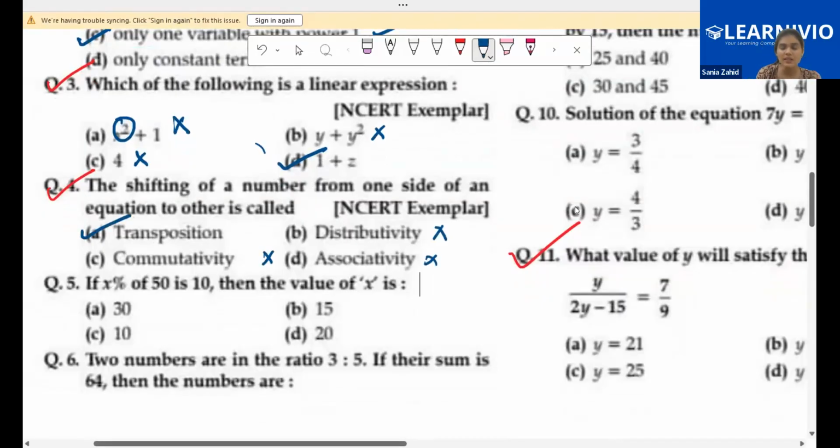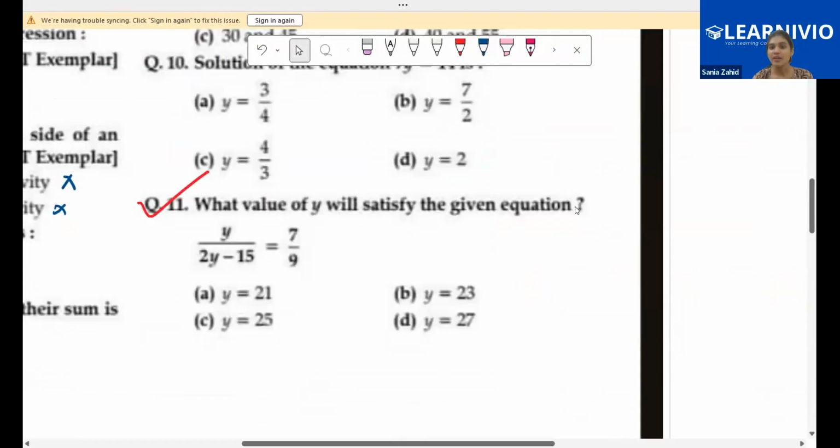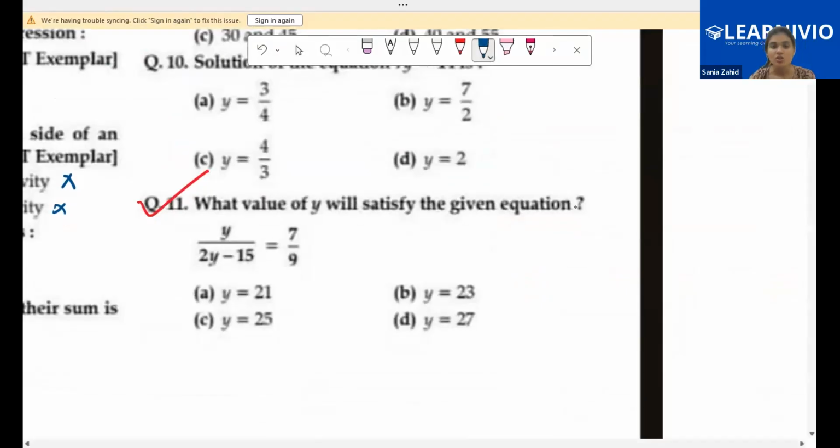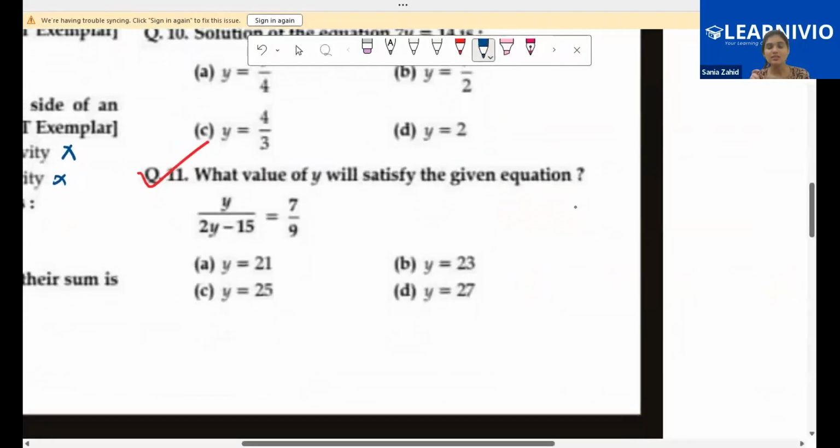Okay. Next, 11th is, what value of y will satisfy the equation? One method is you can put your answers in one by one. But children, with 4 options you would put each in and then guess. No, don't do that. You find the value of y. So what will you do now? Here we are stuck. So what did I tell you? Whenever you are stuck, you cannot follow any steps, so you will do cross multiplication.